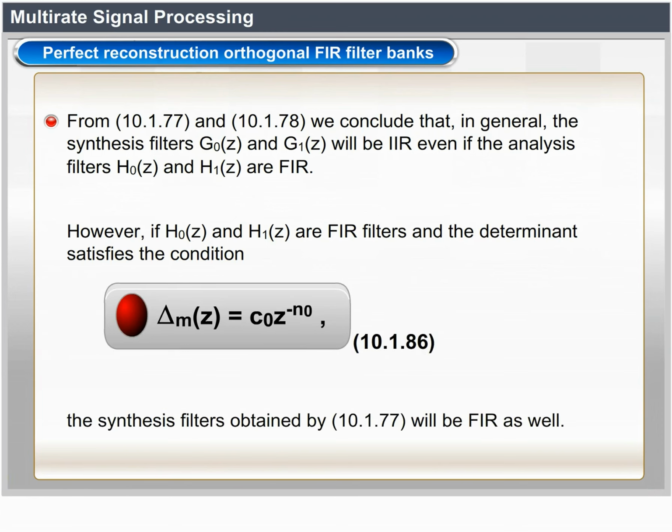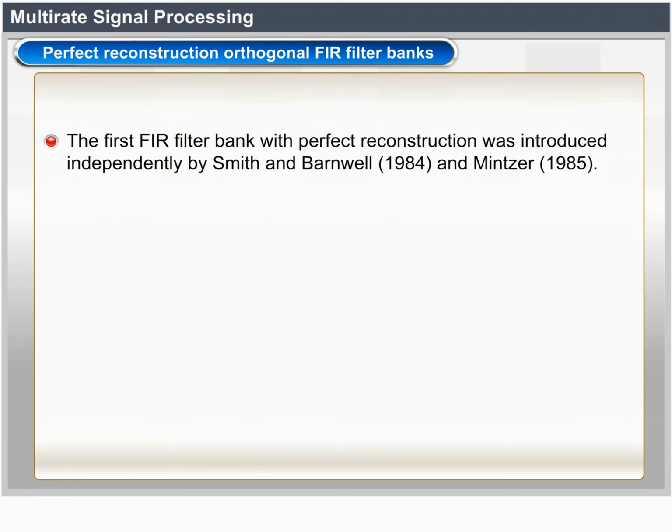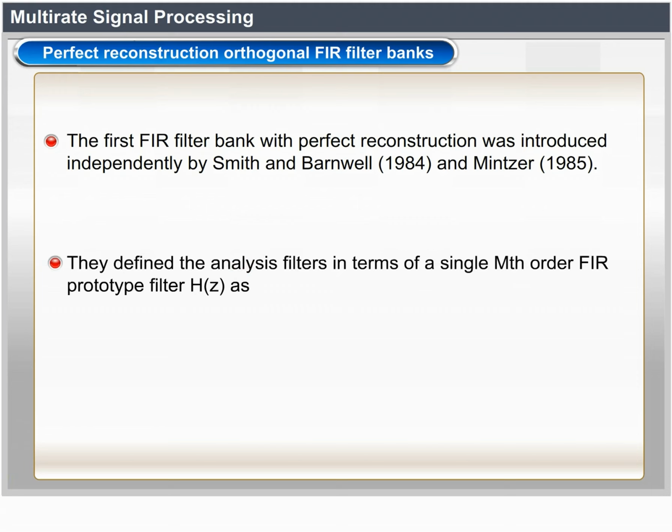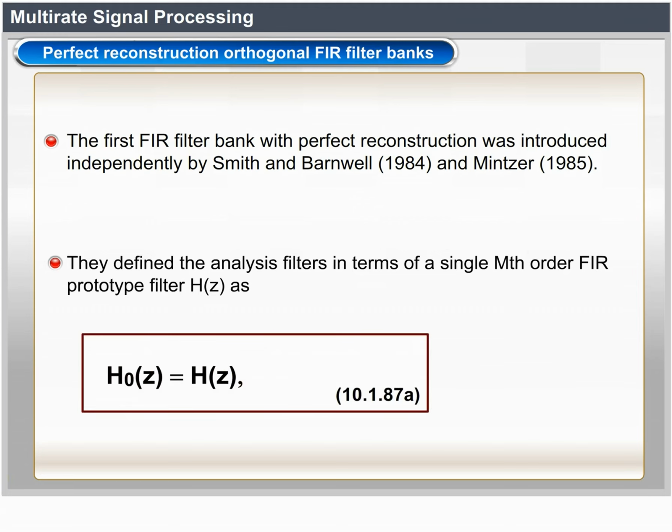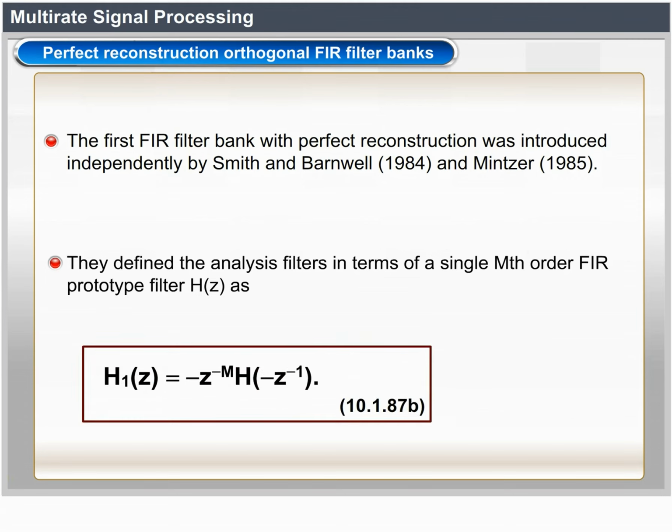The first FIR filter bank with perfect reconstruction was introduced independently by Smith and Barnwell in 1984 and Mintzer in 1985. They defined the analysis filters in terms of a single Mth order FIR prototype filter H(z) as H0(z) = H(z), called equation number 10.1.87a, and H1(z) = -z^-M H(-z^-1), called equation number 10.1.87b.